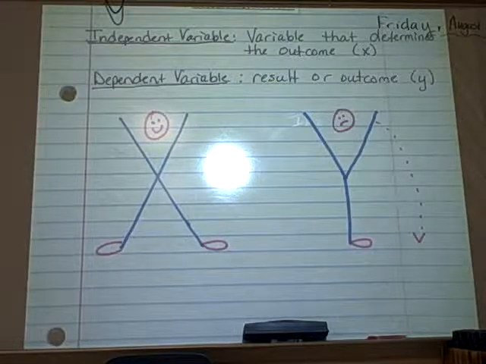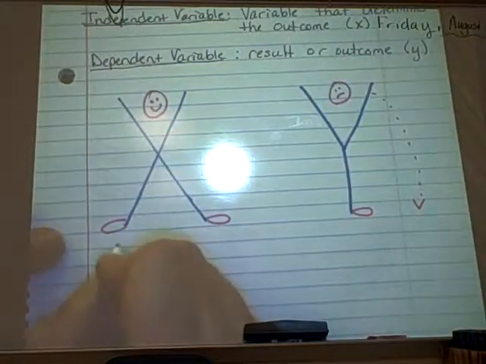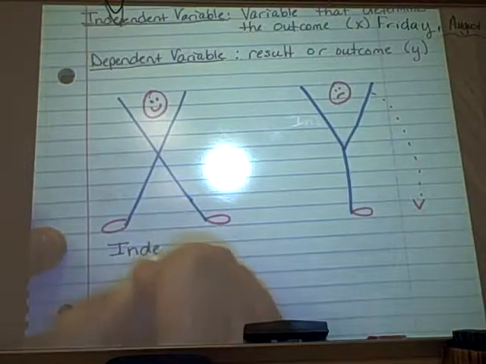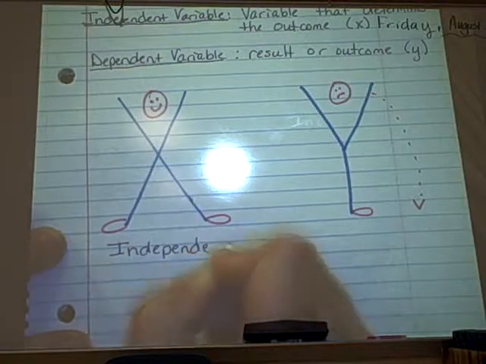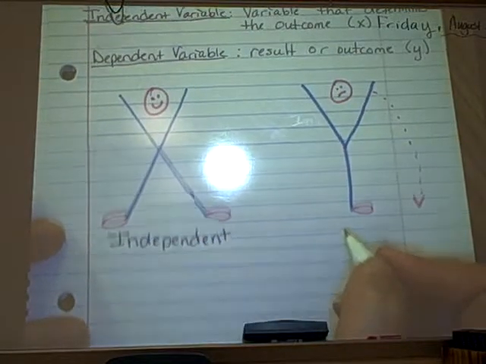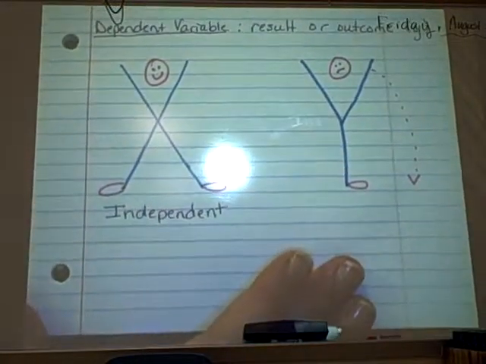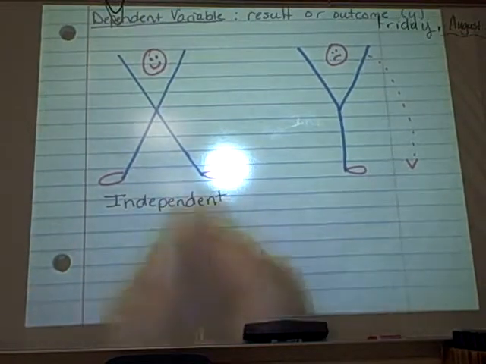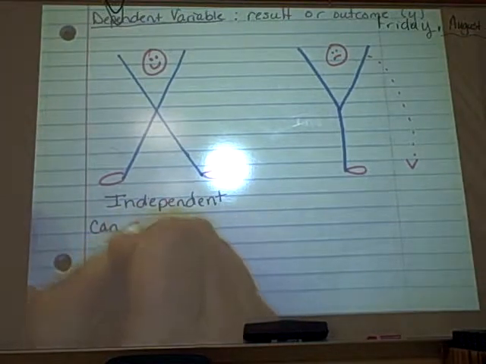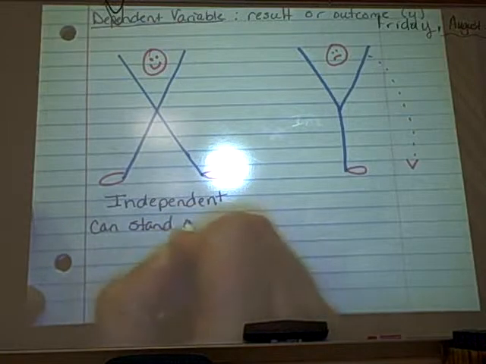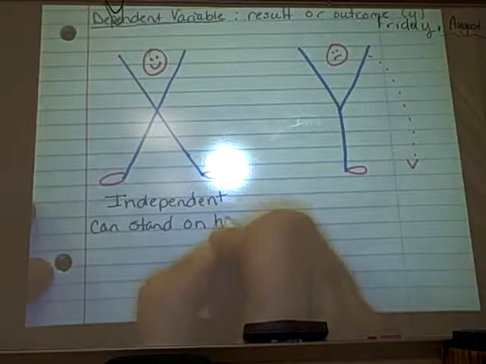Dependent means you have to have somebody to help you out. Like you can't do it on your own. That's what dependent means. Independent X. So this is the independent. X is always the independent variable, so he's independent because he can stand on his own 2 feet.